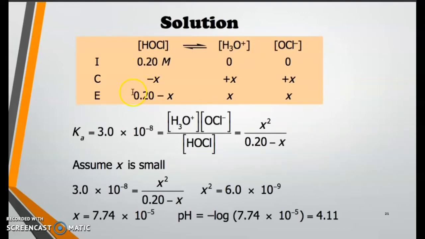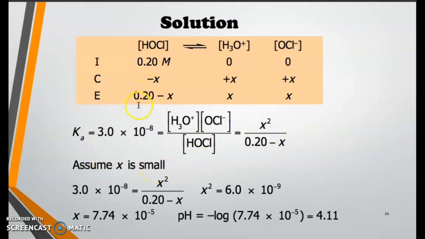We look at the ICE table, the initial is 0.2 molar. The change is negative X because this has a coefficient of 1. So the equilibrium is 0.2 minus X. For this one, you assume the X is small.